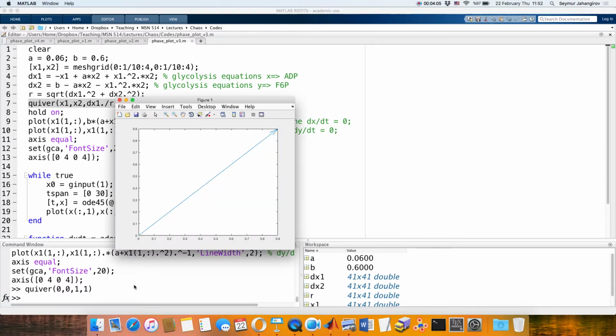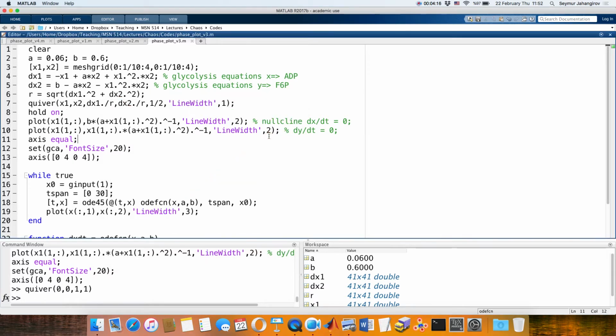Let's see what it produces. An arrow that starts at 0, 0 and ends. It's that easy? Very good.